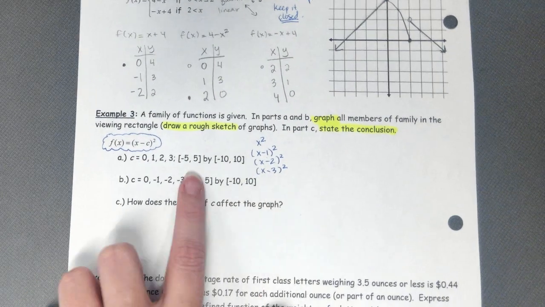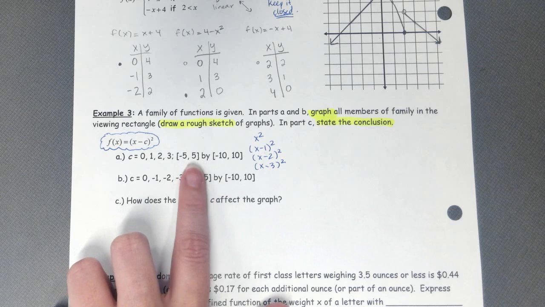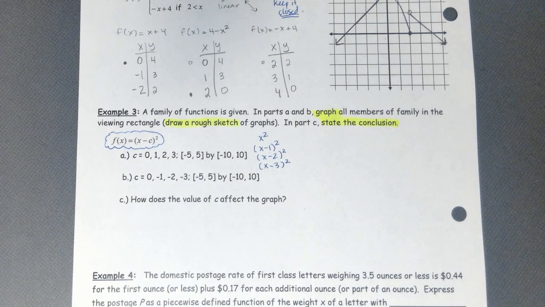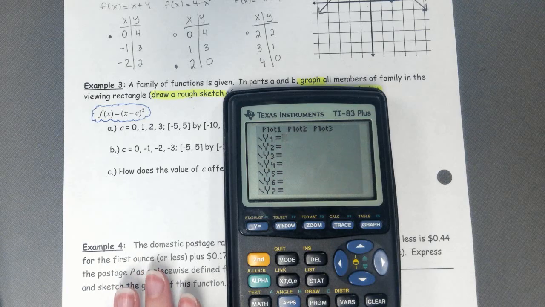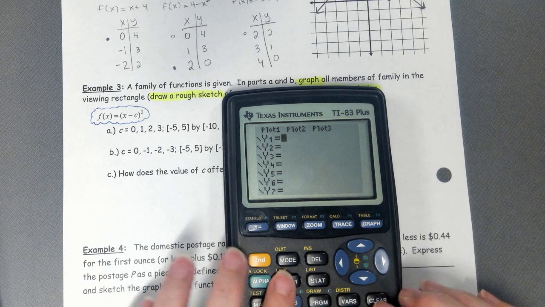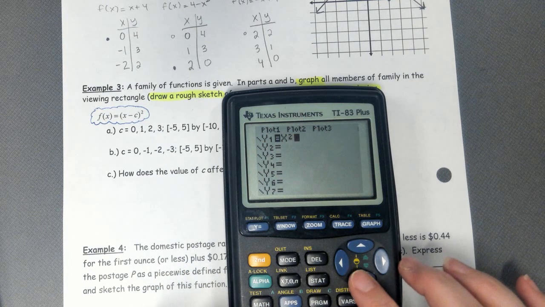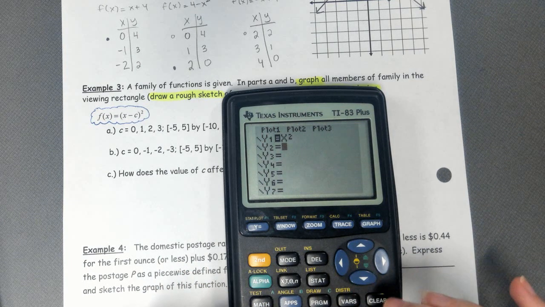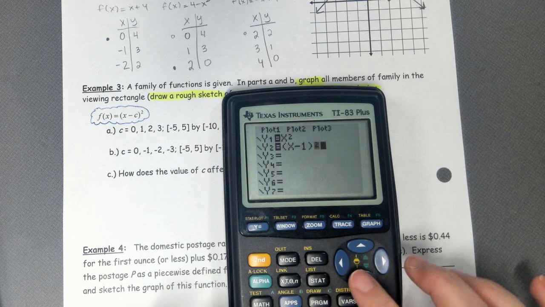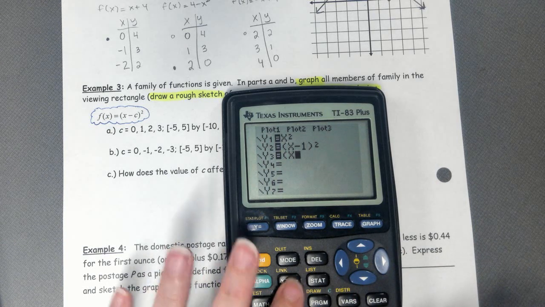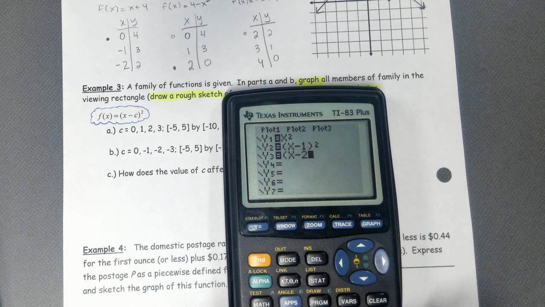Alright, so now I want you to graph that on your graphing calculator. Alright, so we're gonna graph this whole family. So we have x squared, we have x minus 1 squared, and really we talked about what happens last year. Do any of you know already without graphing it what's going to happen?